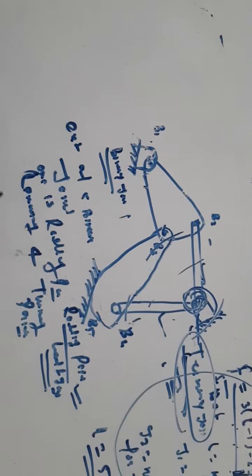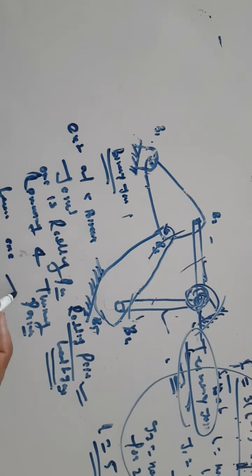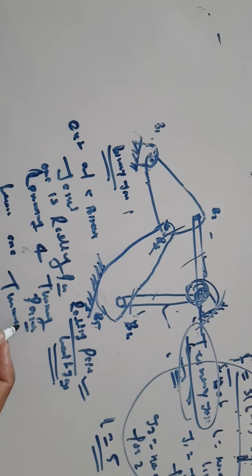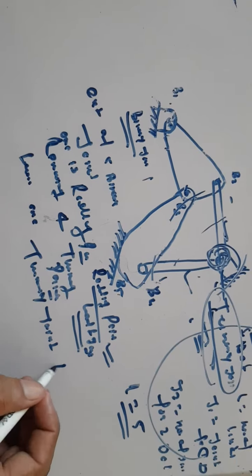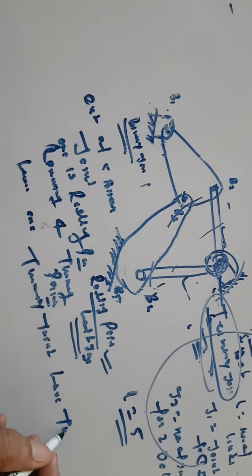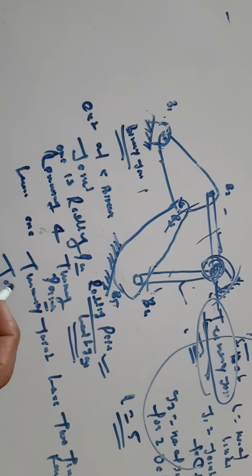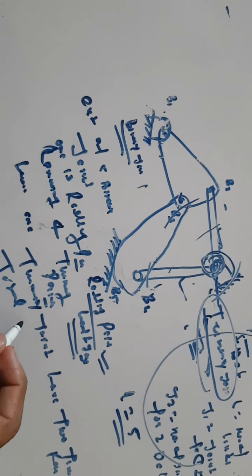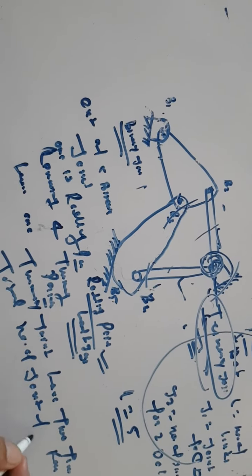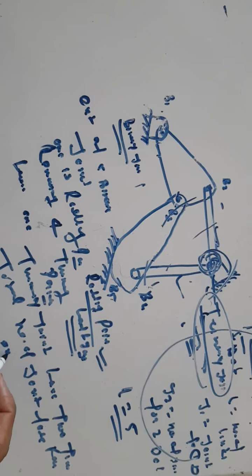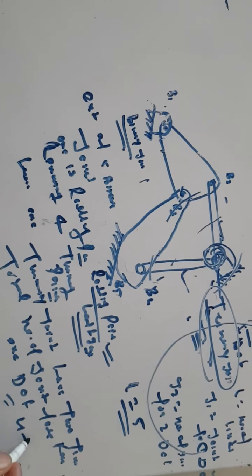One ternary joint has 2 turning pairs. So the total number of joints for 1 degree of freedom is equal to 4 plus 2, that is 6.